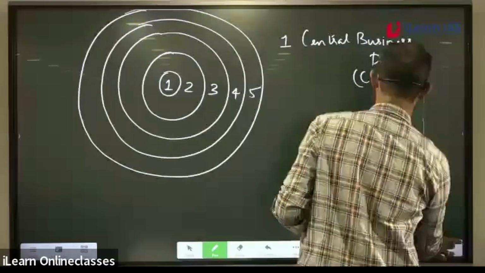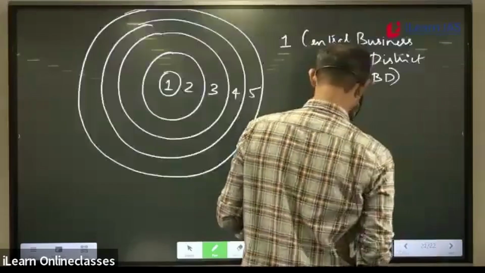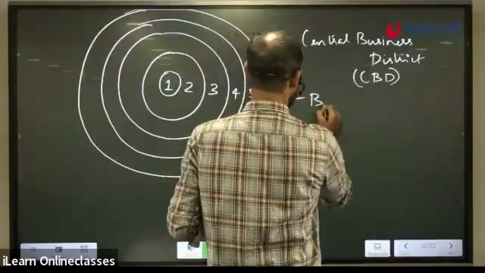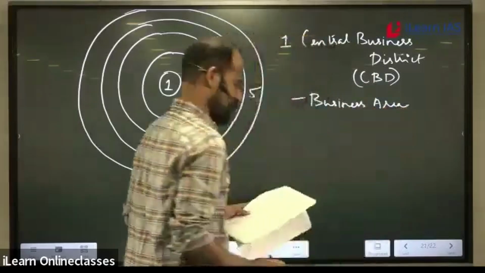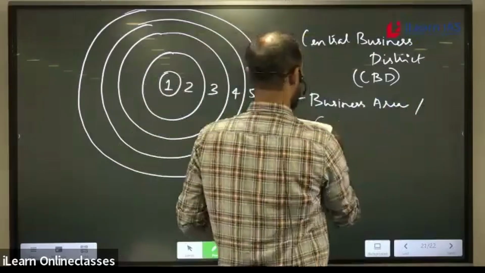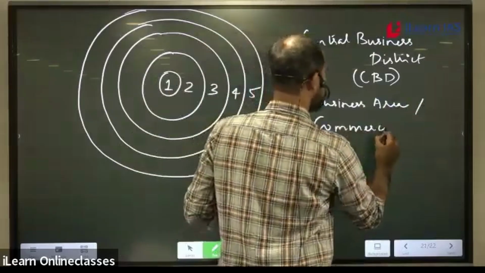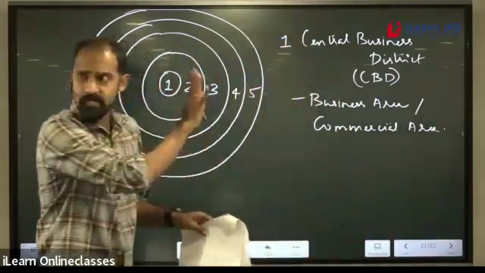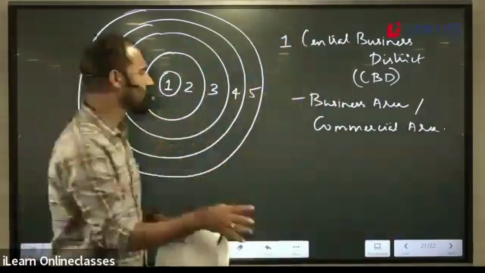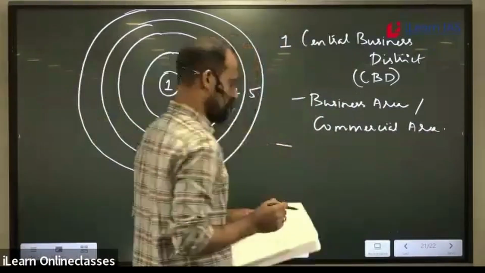It is the center where the business activities are taking place, the business or commercial area of a city. Mostly it is commercial activities which happen there. Other things are mostly absent.